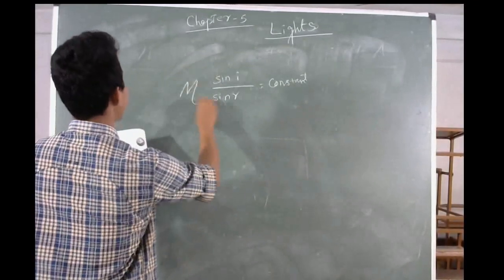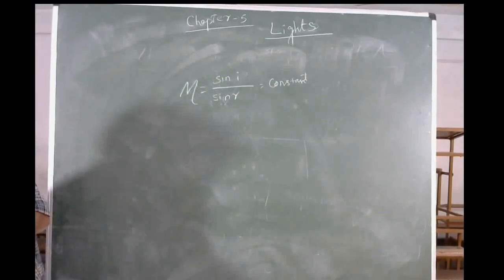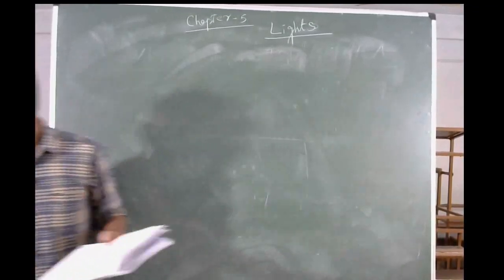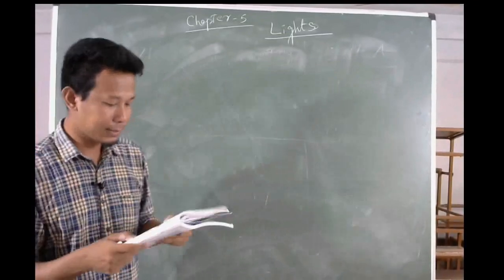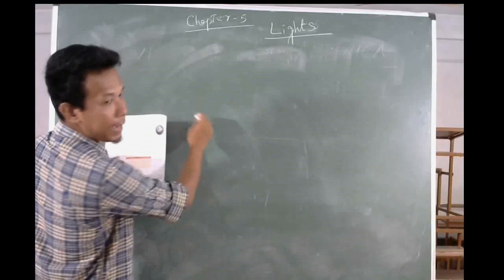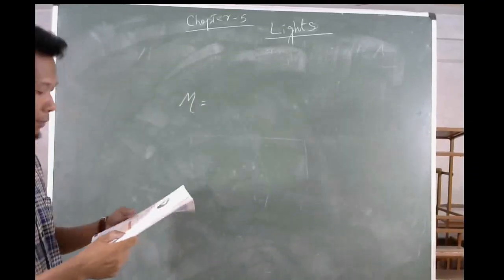It is represented by mu. Okay, in refractive index, there is a formula. Refractive index is represented by mu. So what does it say?